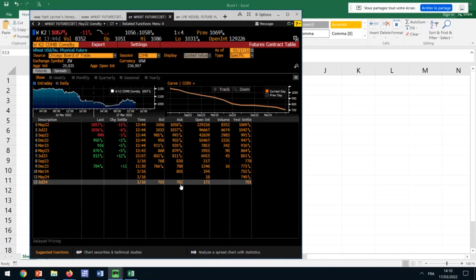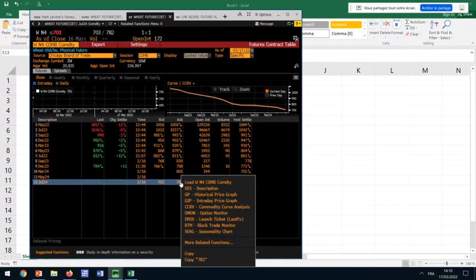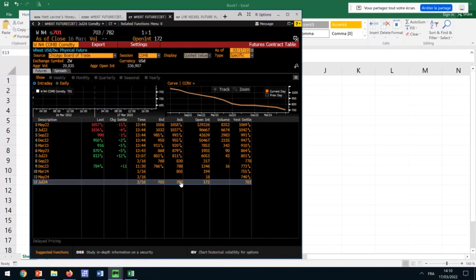If I go there and buy, actually I can do that. I shouldn't do that, but normally I can open a ticket here.